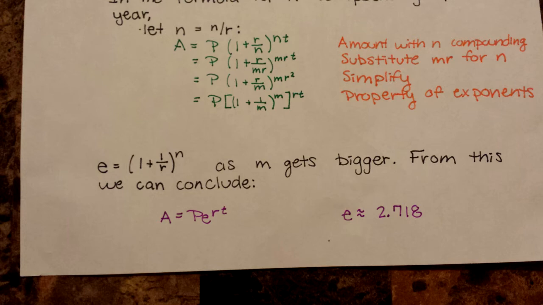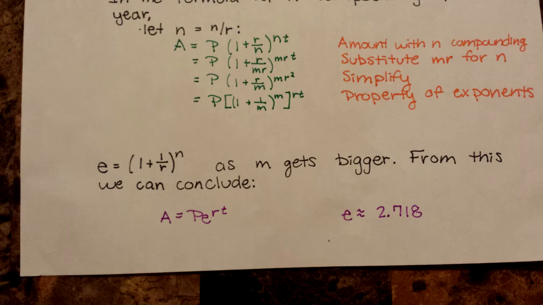Next, we have P(1 plus R over MR) to the power of MRT, where you substitute MR for N. Next, we have P(1 plus 1 over M) to the power of MRT, which is simplifying it. Lastly, you have P[(1 plus 1 over M) to the power of M] to the power of R times T, which is the property of exponents.